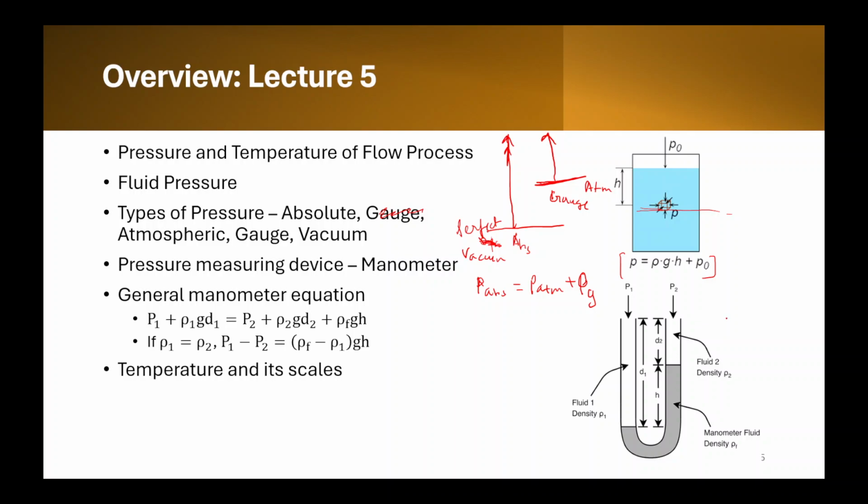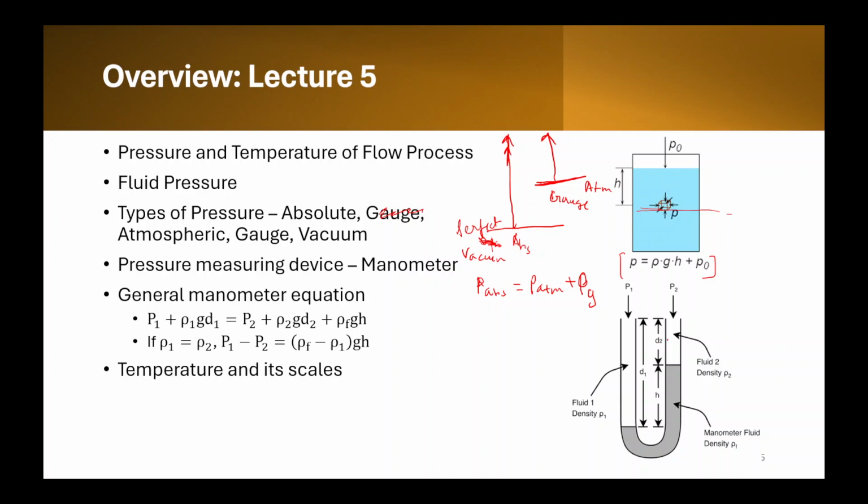Here a system of manometer is shown. The external pressures P1 and P2 are being exerted on the left and the right limb of the manometer respectively. There is some fluid in the left limb, fluid 1 of density rho 1, and this gray area is the manometer fluid which has density rho f.